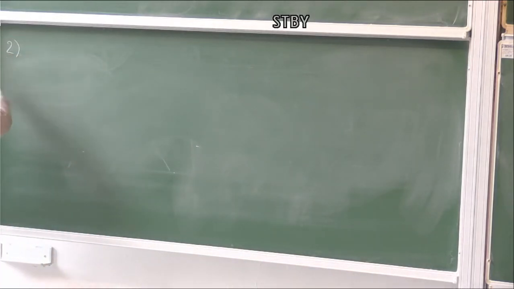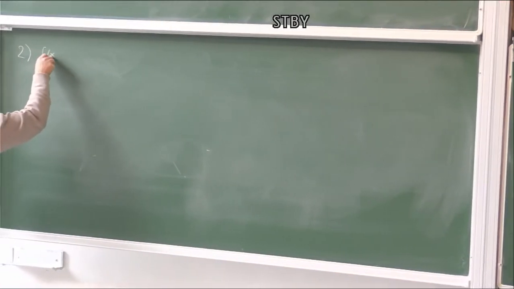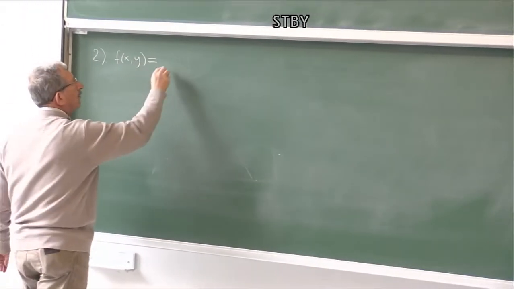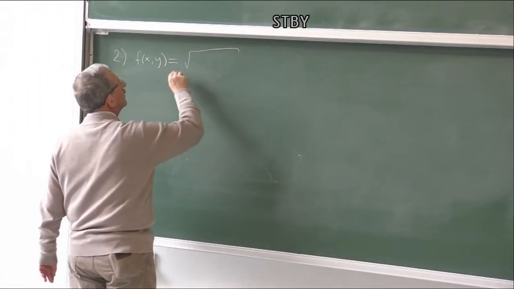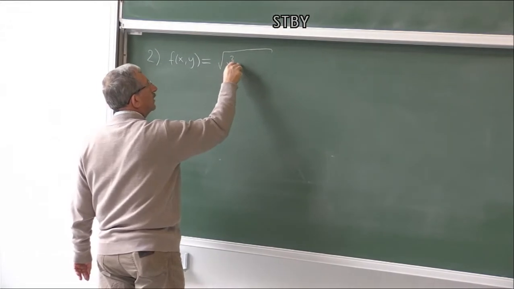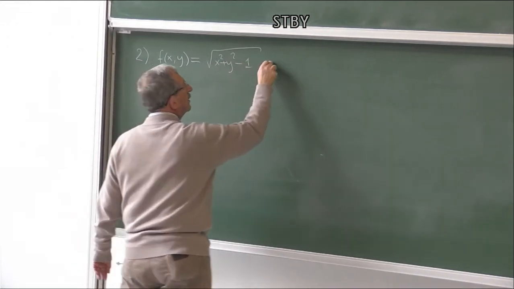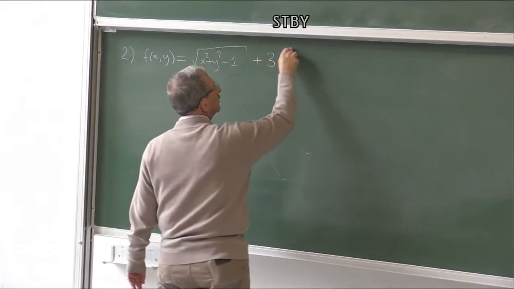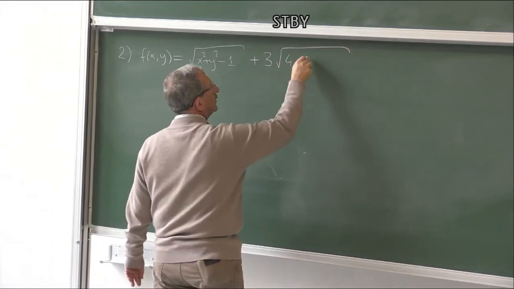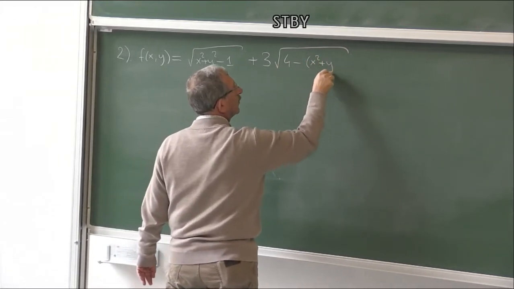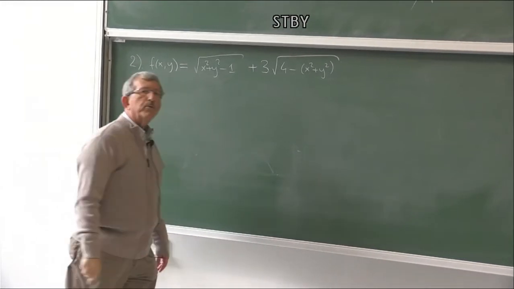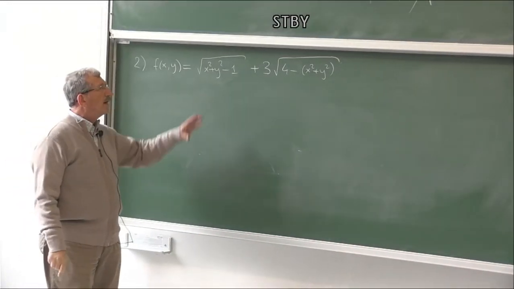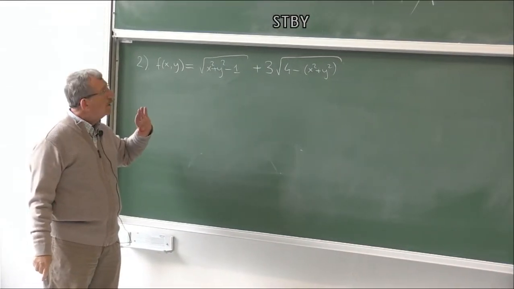A second, slightly different example is find the domain of the square root of x squared plus y squared minus 1, plus 3 square root of 4 minus x squared plus y squared. Okay, here we have the same restrictions. We only have square root. That's the only problem.